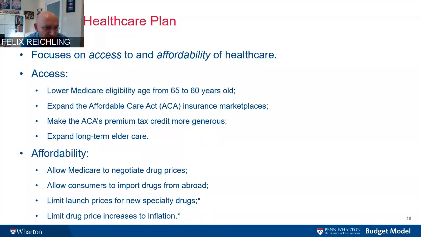It's trying to expand the ACA insurance marketplace by getting rid of the maximal income eligibility threshold for the premium benefits and the premium tax credits, and it makes the premium tax credits more generous.